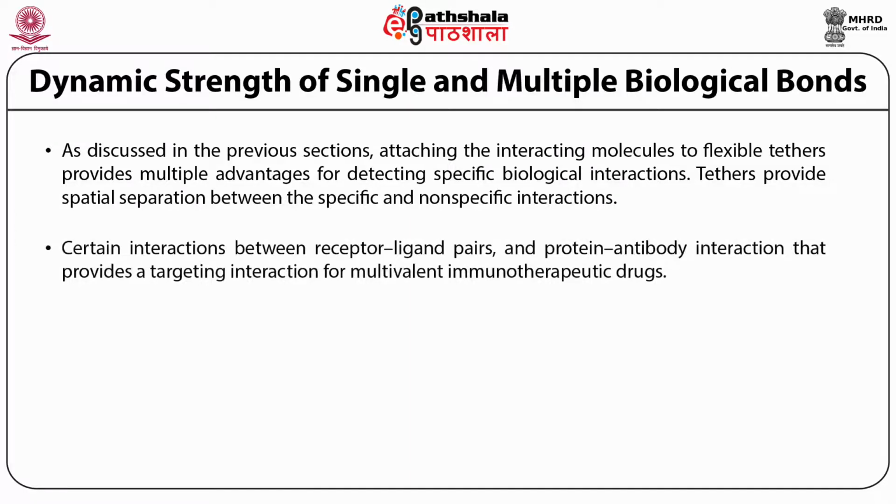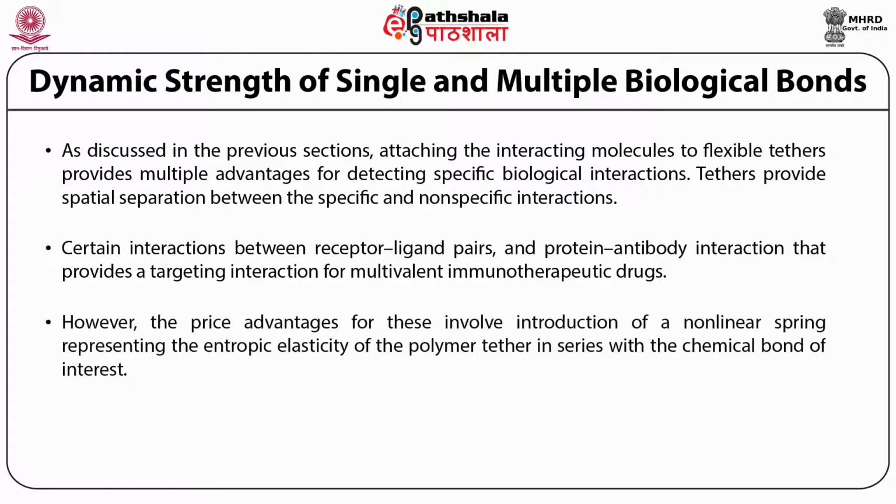Certain interactions between receptor-ligand pairs and protein-antibody interactions provide a target interaction for multivalent immunotherapeutic drugs. However, the advantages involve the addition of a nonlinear spring representing the entropic elasticity of the polymer tether in series with the chemical bond of interest.